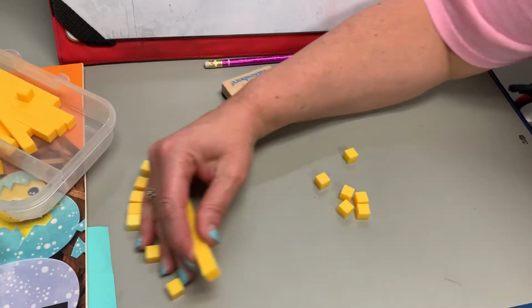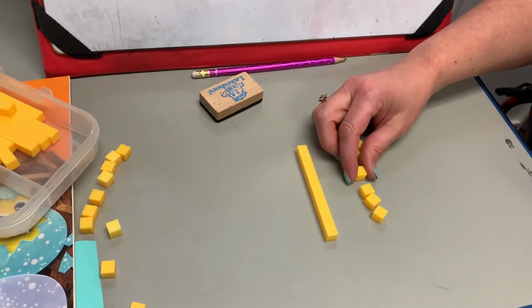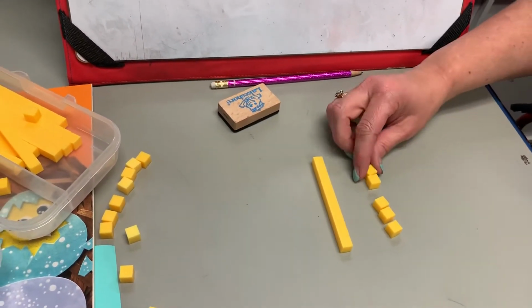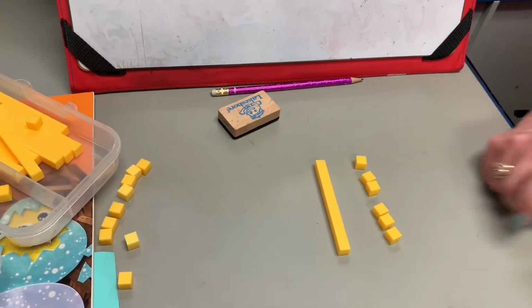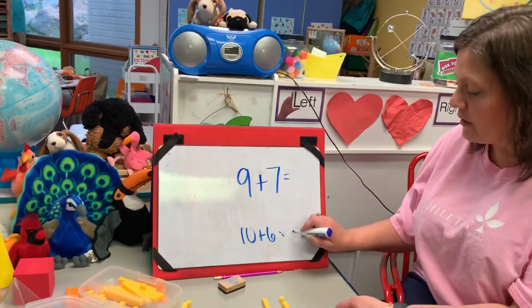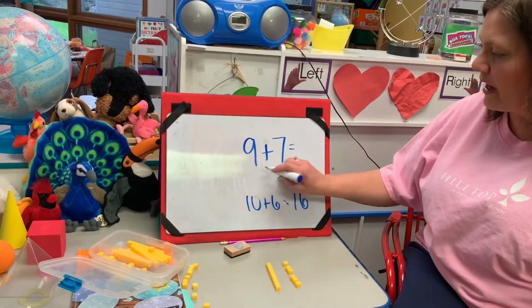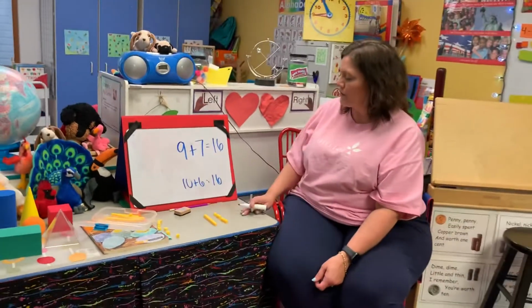I'm going to push that aside. There's our 10. So now instead of 7 left, we have 6 over here because we added one here. So 10 plus 6 is what we're looking at in our brain or on here. And we know that's 16. So 9 plus 7 is 16 because we moved 1 over.